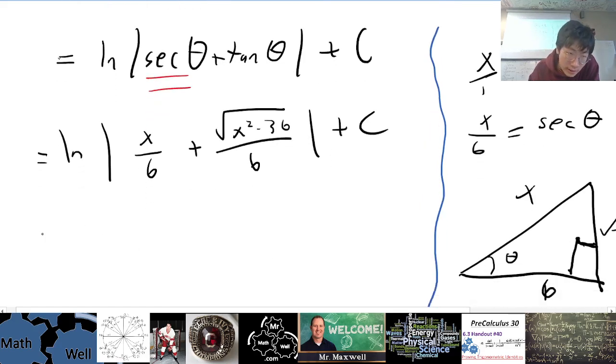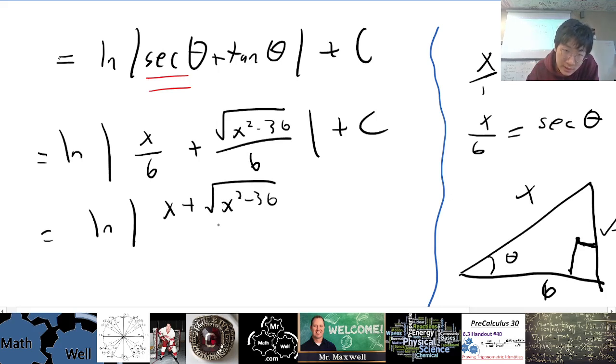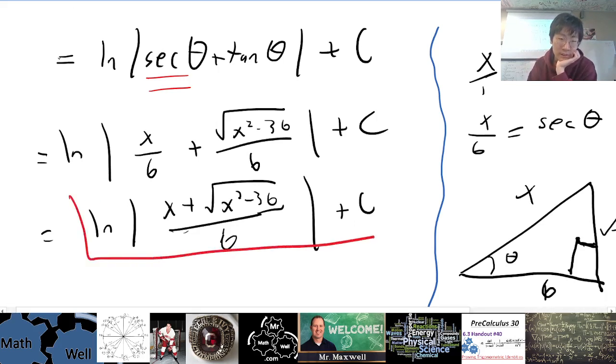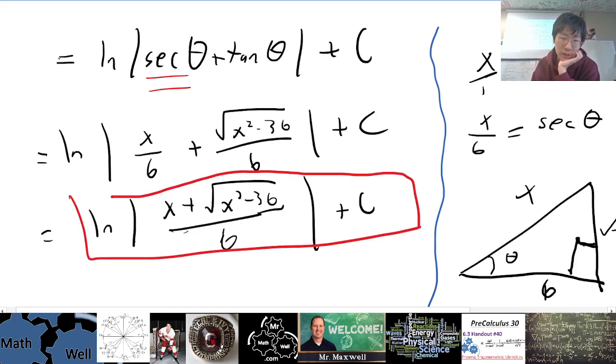So we got ln of the absolute value of x plus root x squared minus 36 over 6, and close bracket plus c. There we go, and that is our final answer. I don't believe there's more simplification to be done.